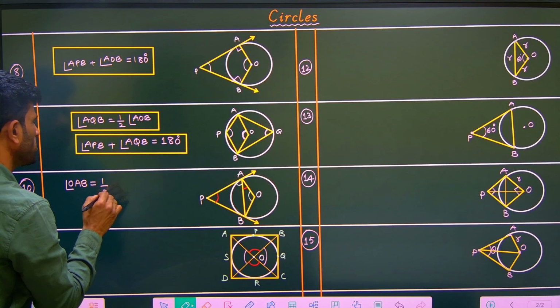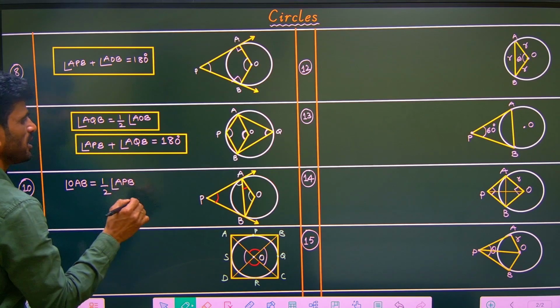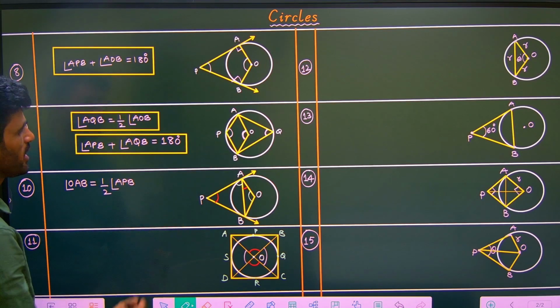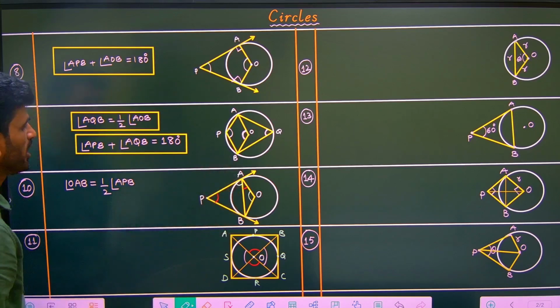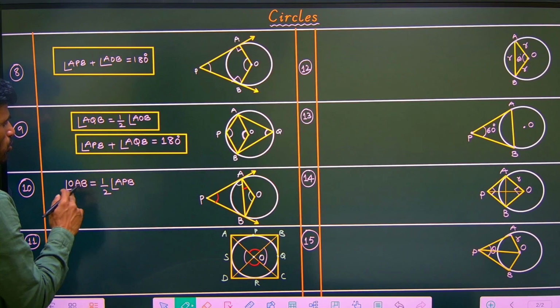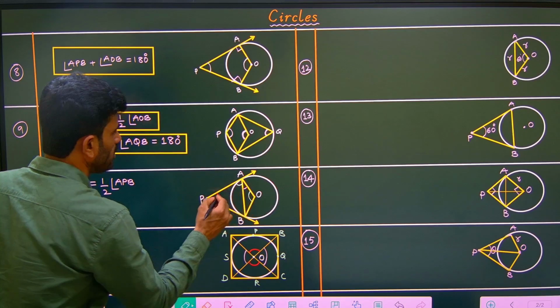Angle OAB is half of angle APB. They may give you APB and ask what OAB is, or OAB will be given and they may ask you APB. So you have to know the relation between these two. OAB is half of APB. These two opposite sides, this one and this one.